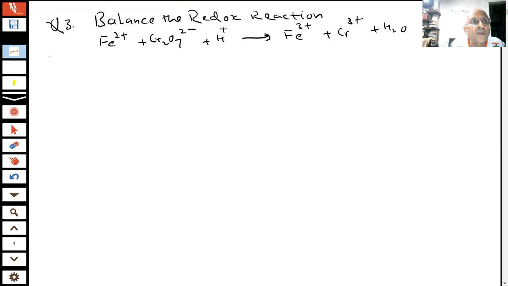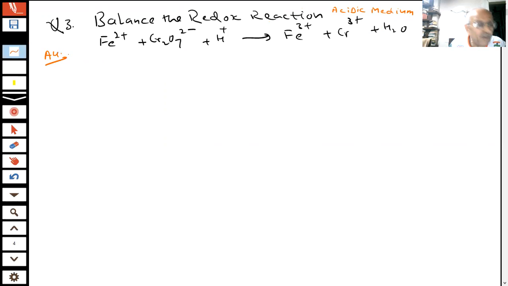Let us first split up into half equations. These are reactions occurring in acidic medium. Are all these reactions in acidic medium or neutral medium, students? We will tell you a trick. If it is alkaline, what will you do? You first balance with acidic medium, then you add OH- on both sides. It will become alkaline medium, no problem.